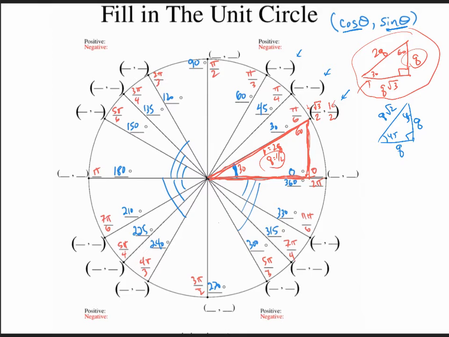Now, here's the nice thing about this. If I did this for this first triangle, there are 4 other reference triangles that have that same angle, the same setup. Over here, down here, and down here.